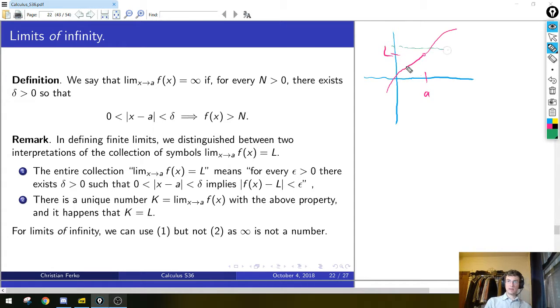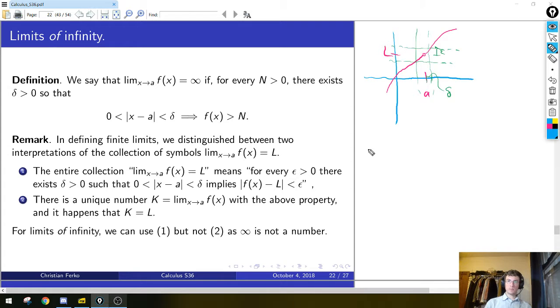I argued the way to do it is to say: however close you want me to get to that point, I can guarantee a way of getting that close by making your input sufficiently close to a. That was the whole point of epsilon-deltas.